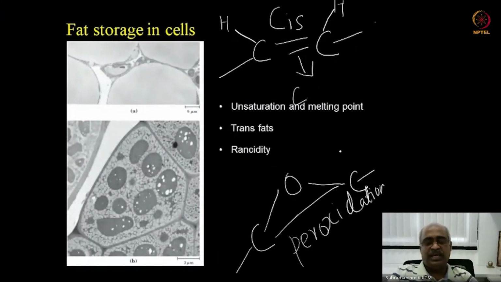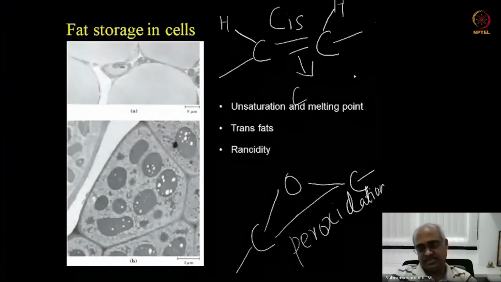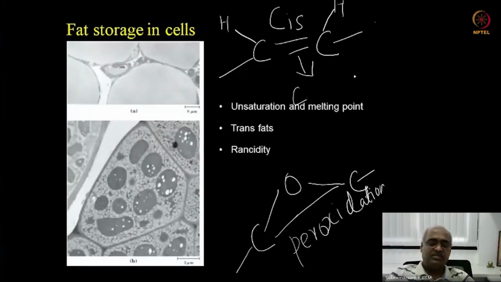people make saturated fat out of vegetable oils. For example, you try to reduce this double bond, and therefore it is saturated fat, and that is called hydrogenation. Vegetable oils usually are hydrogenated to produce artificial butter. You would have heard the commercial name dalda or vanaspati.